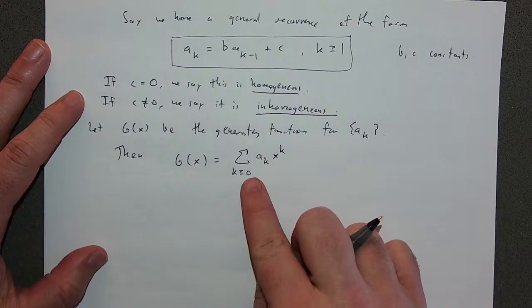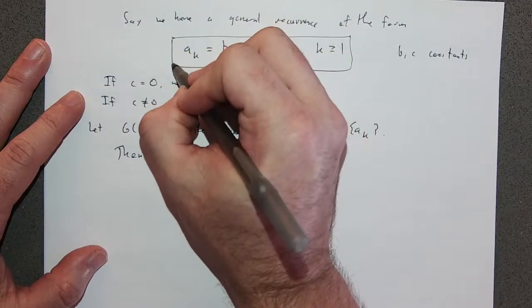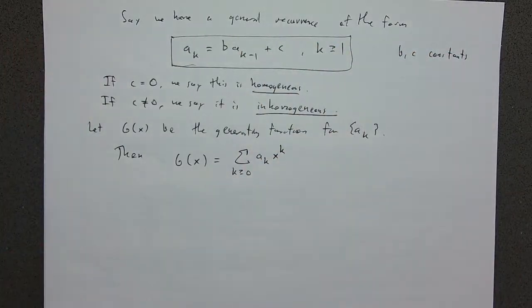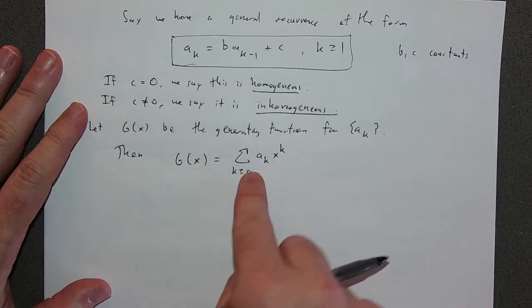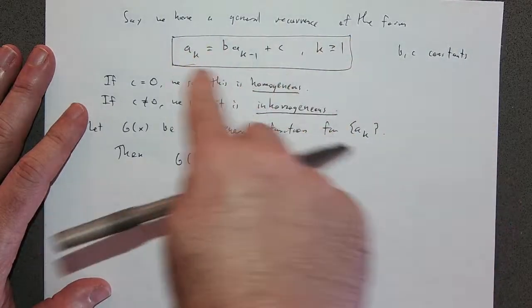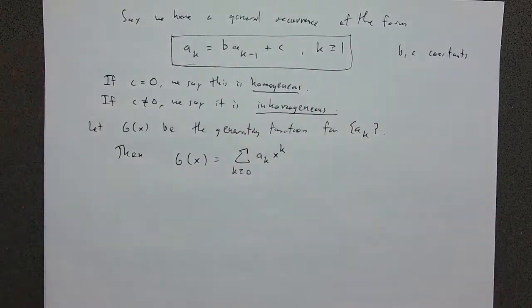Now, I have this recurrence relation for k bigger than or equal to 1. Just like for Fibonacci, then, I want to pull off any terms of this generating function where I don't have the recurrence. Maybe your recurrence starts for k bigger than or equal to 5, right?